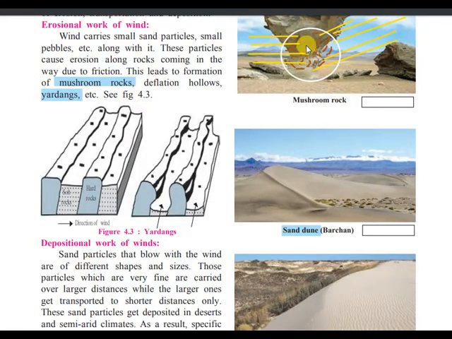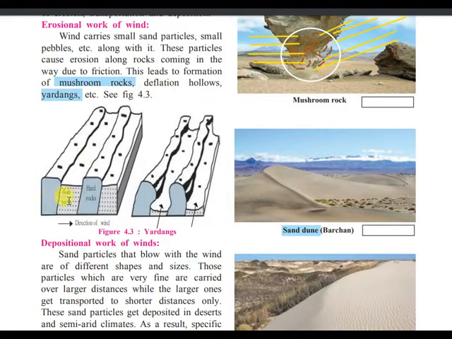This leads to the formation of mushroom rocks. So we can understand that the structure of this rock is because of the erosion caused by the wind. It also causes deflation hollows and yardangs.